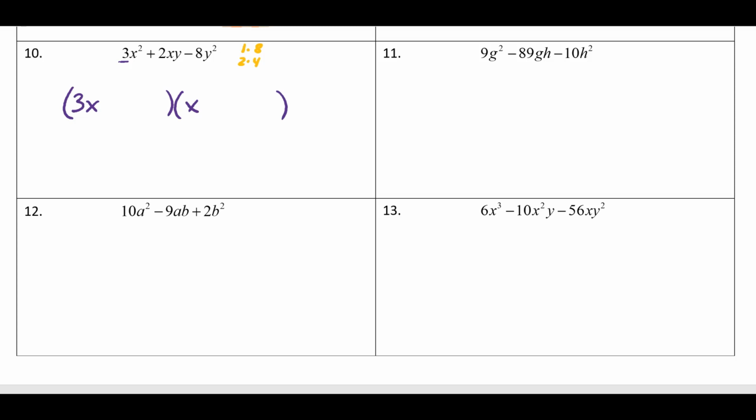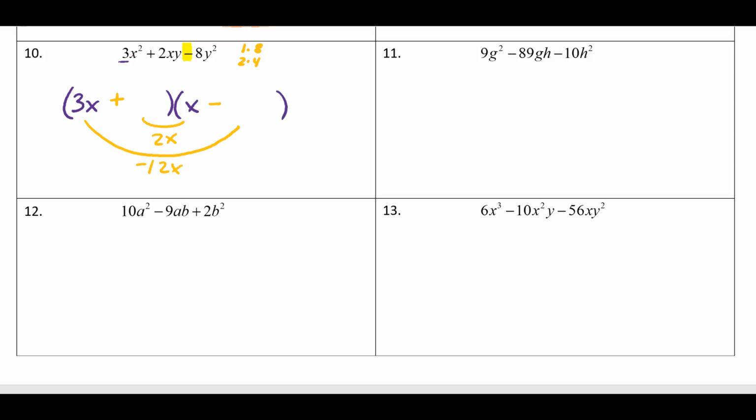Now my signs aren't very easy here because my signs are different. So I'm just going to guess that my signs are going to be a plus and a minus. And now I'm going to try guessing my factor pairs. So maybe I try a 2 here and a 4 here. So that's 2x. And that's going to be negative 12x.